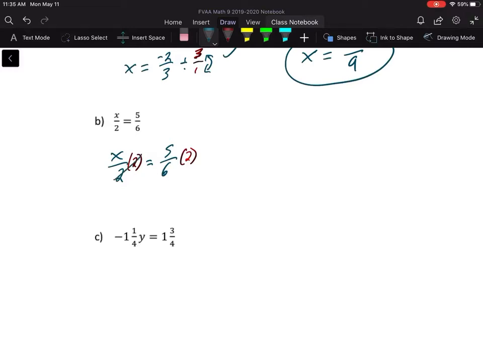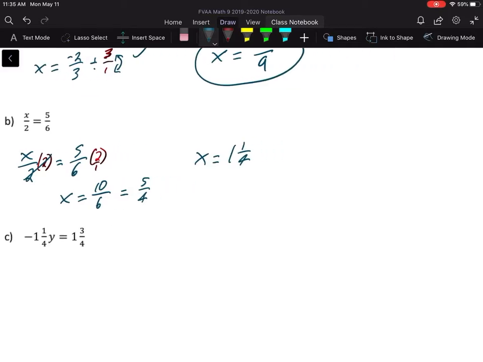The 2's cancel out, and I end up with x is equal to 5 over 6 times 2 over 1. So 2 times 5 is 10, 6 times 1 is 6, and that would reduce to 5 over 4, or even further to 1 1/4 as a mixed fraction.